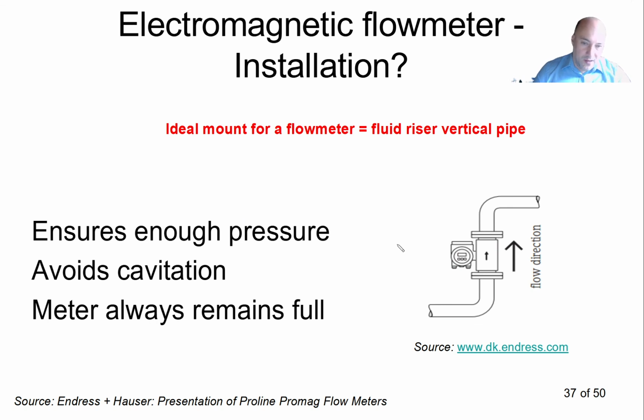The ideal mounting for this type of flow meter is in a vertical pipe. So you have a vertical pipe like that, and it's working in the same way as we've seen in the last picture. So even though this will not be full, this section has to be full at all times, and eventual sediments will stay here and eventual bubbles will be there.